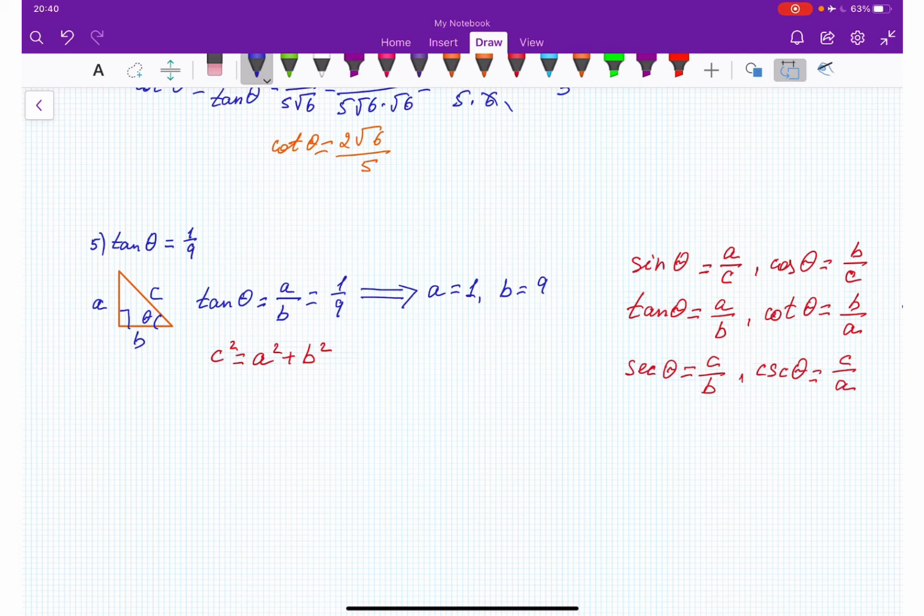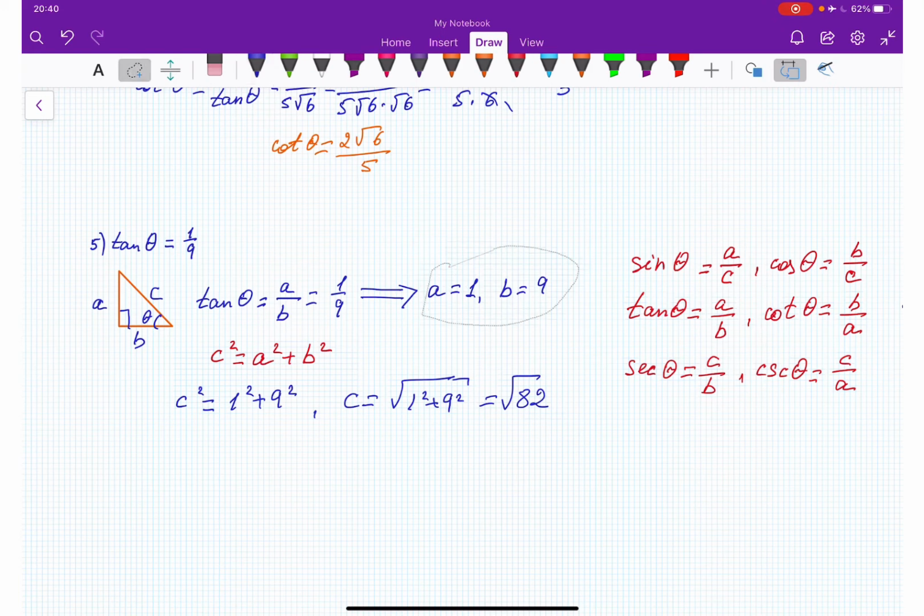So C squared is equal to 1 squared plus 9 squared. So C is equal to the square root of 1 squared plus 9 squared, and we are getting the square root of 82.